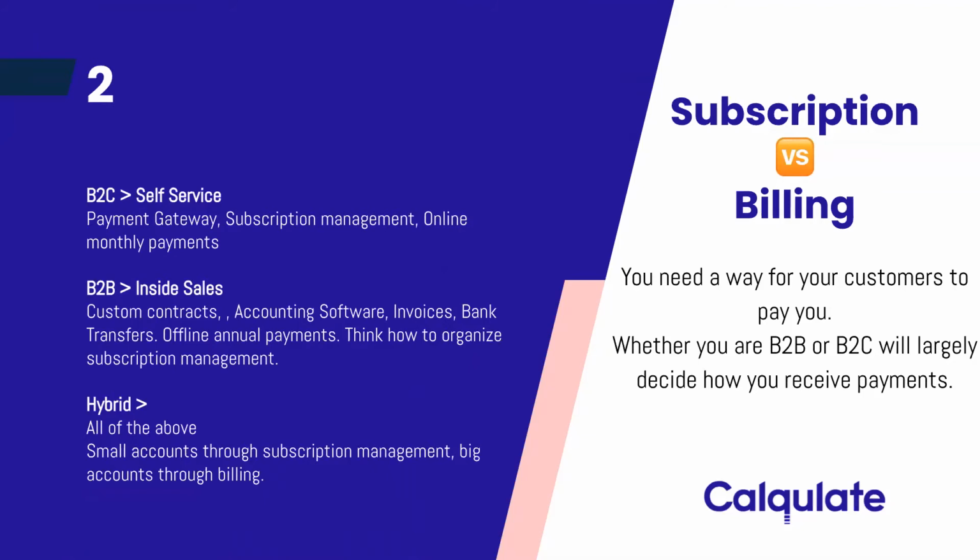And most SaaS companies are struggling with this. They would like to send their invoices from the accounting software or some other tool, but then they realize quite quickly that they're not actually getting or generating their subscription data from anywhere, and then they don't really have SaaS metrics. So that's a bit of a problem.